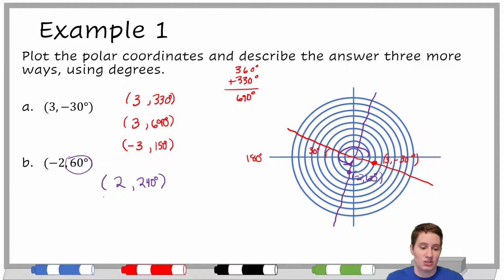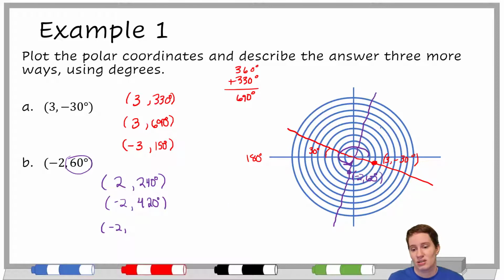We also could just use -2 and add 360 to 60, or subtract 360 from 60, and get angles by either going around an extra time or going around backwards. So 360 plus 60 is 420, and 60 minus 360 would be -300.